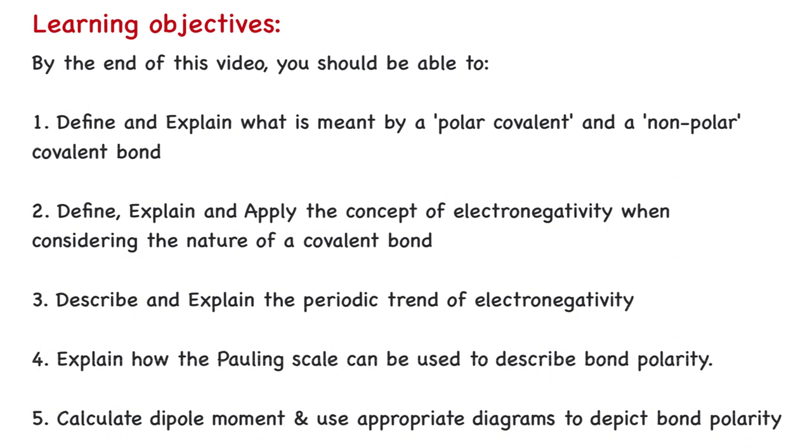Describe and explain the periodic trend of electronegativity. 4. Explain how the Pauling scale can be used to describe bond polarity. 5. Calculate a dipole moment and use appropriate diagrams to depict bond polarity.